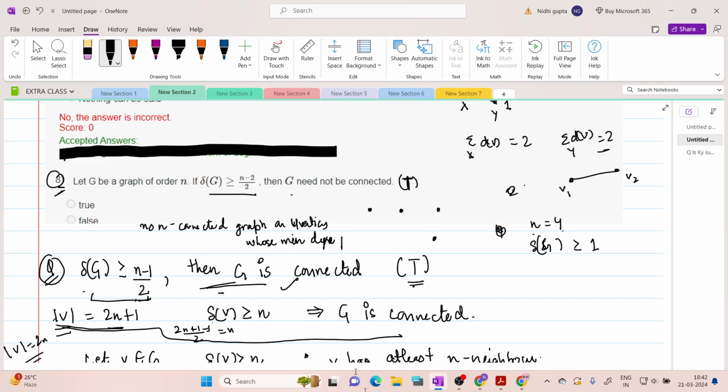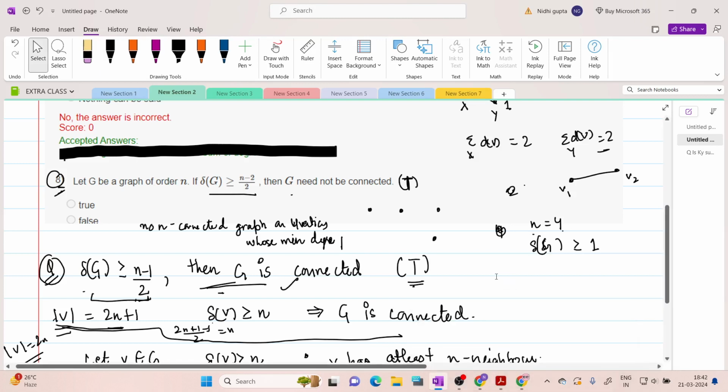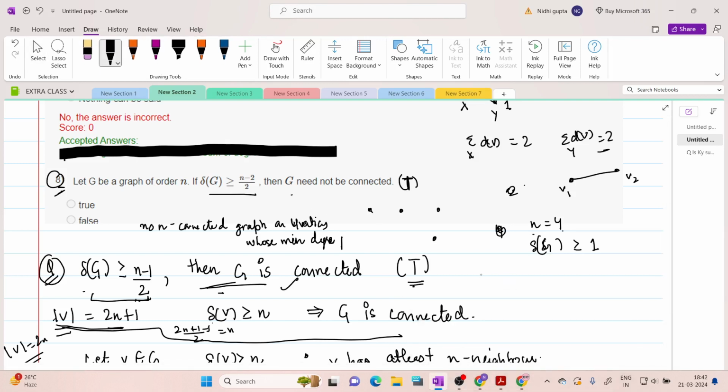Four vertices with a cross or plus? The multiplication symbol? So you are saying the degree of every vertex would be 1. Yes. If we look at this graph, it satisfies this condition. n is 4, the minimum degree is 1, but this graph is not connected.